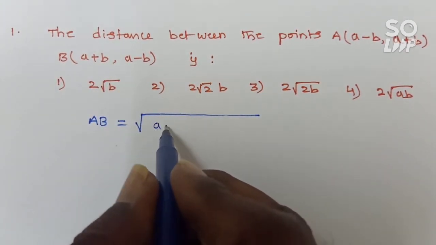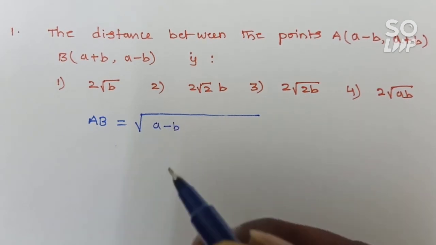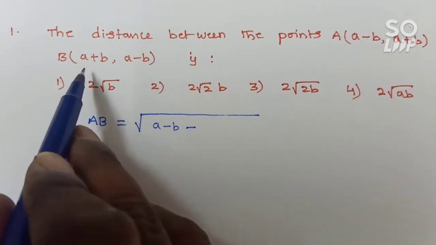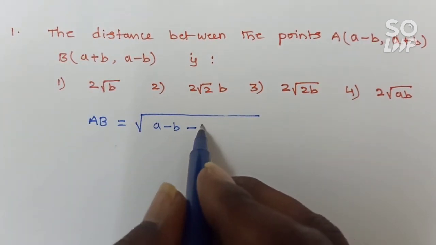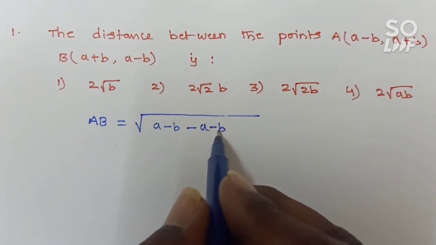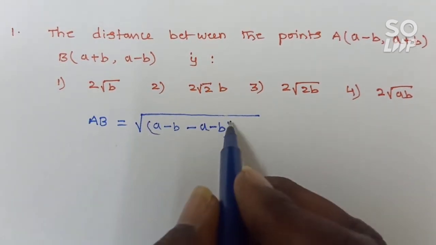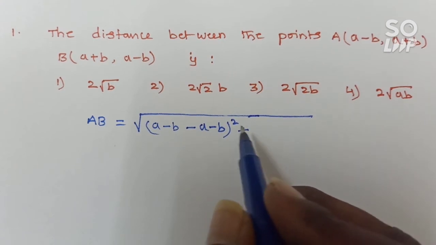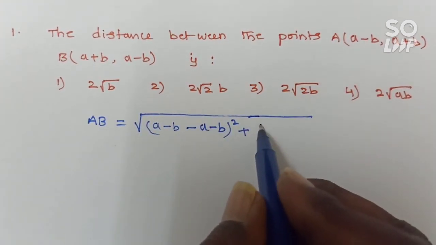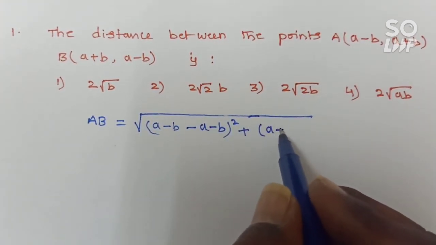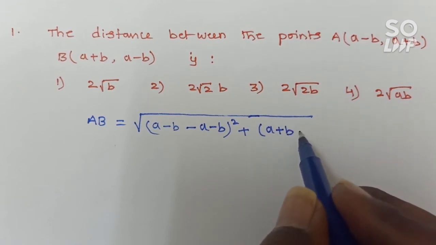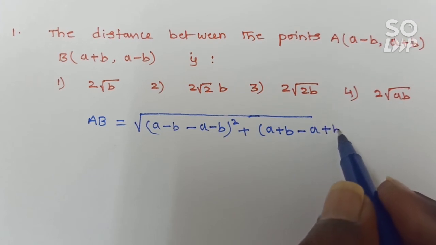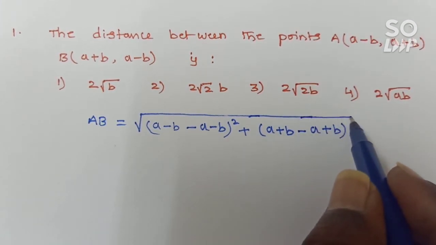So x1 is a minus b, minus x2 is minus (a plus b), whole square, plus y1 minus y2: y1 is a plus b, minus y2 is minus (a minus b), whole square.